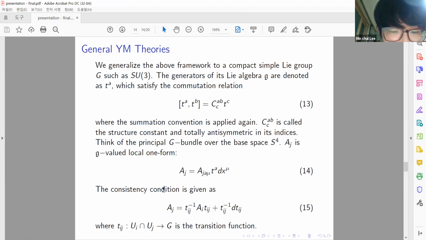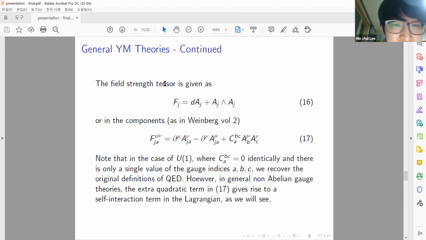The consistency condition is given as this, where t_ij is the transition function. Then the field strength tensor is given as this, or in components as in Weinberg volume 2, the field strength tensors have the components as this.